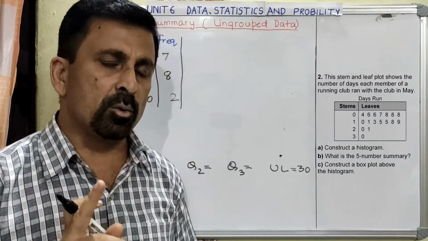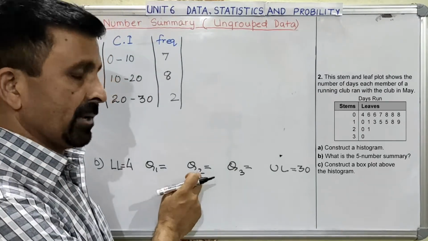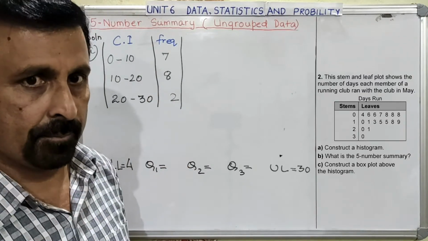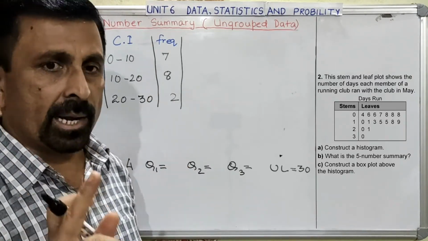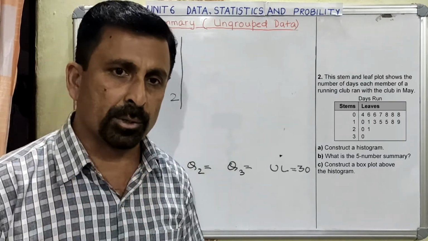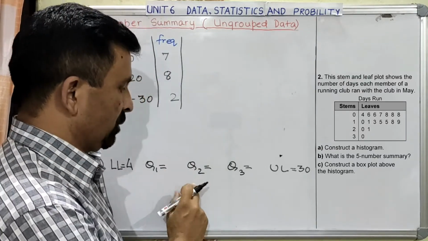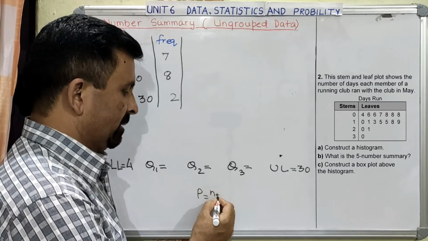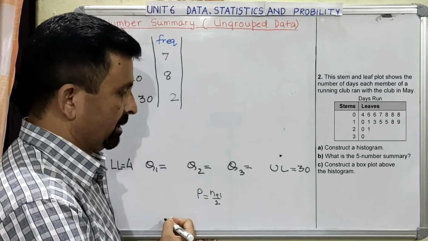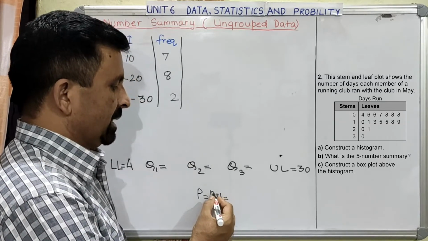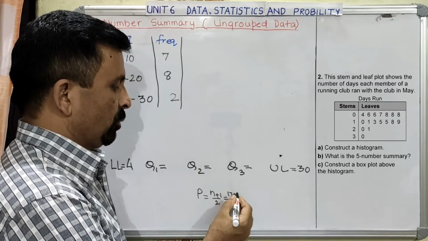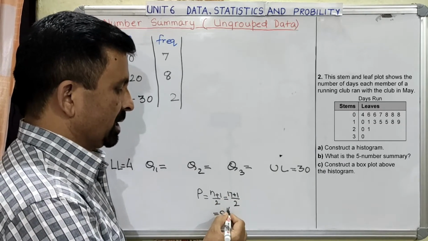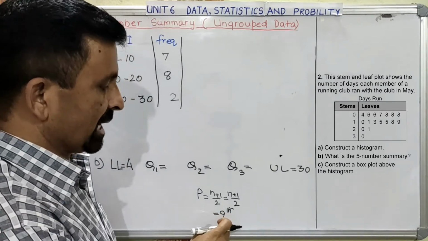So now we are going to use the total 17 data for calculating Q2 first. 17 is an odd number, and for an odd number of data, you will get only one position. The position for an odd number of data is P equals (n plus 1) divided by 2. Am I clear or not? This is 17 plus 1 divided by 2, that is 18 divided by 2, which is 9. This is the position, that is why I am writing 9.